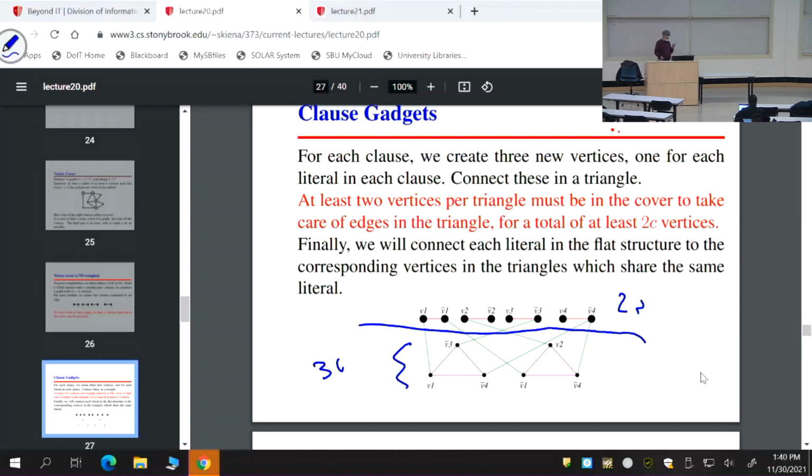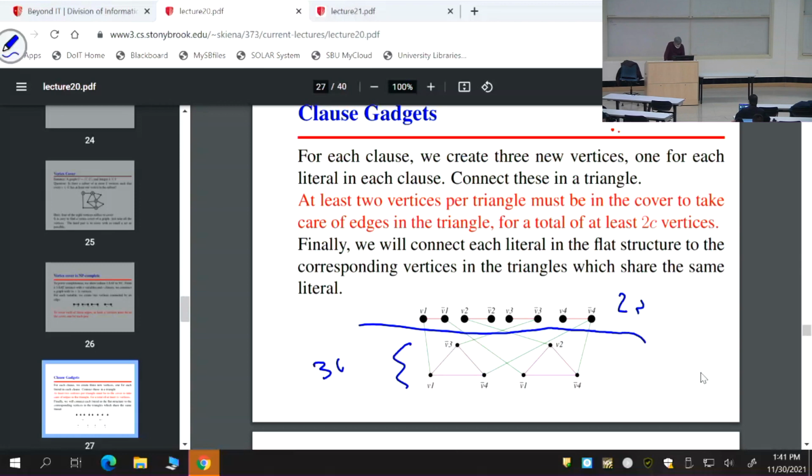Let's just say that I have these n isolated edges and these c isolated triangles. What is the minimum vertex cover for that graph? The graph has c plus n different connected components, right? What is the size of the smallest possible vertex cover for that? Yeah? N plus 2c. Does everybody see it?